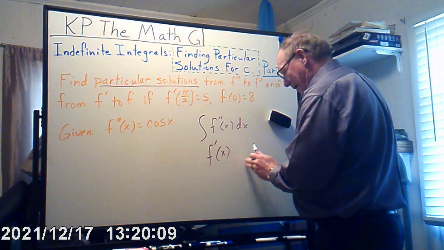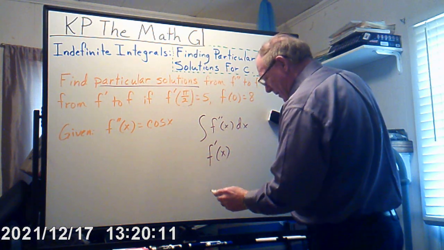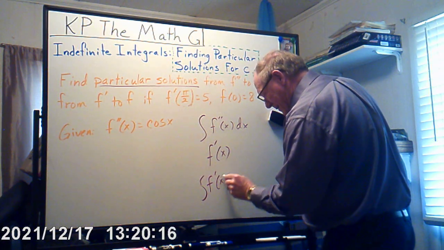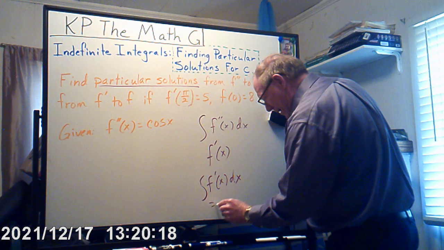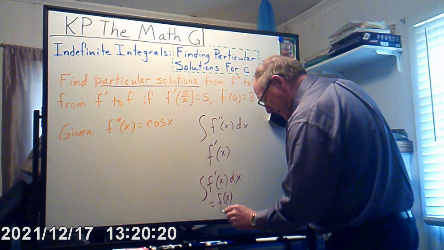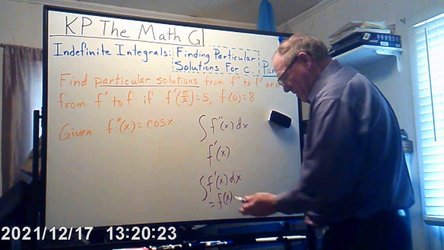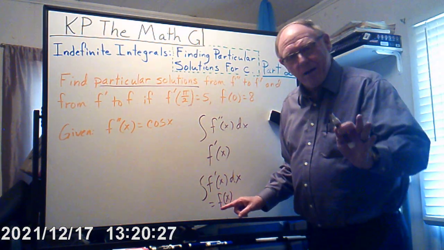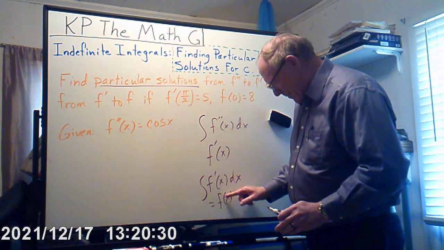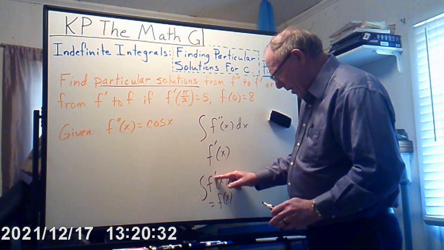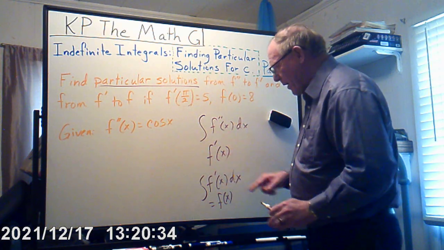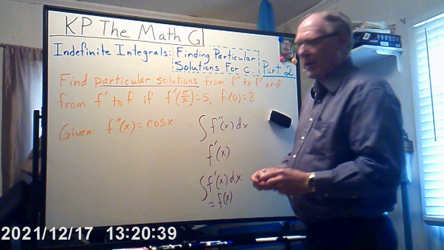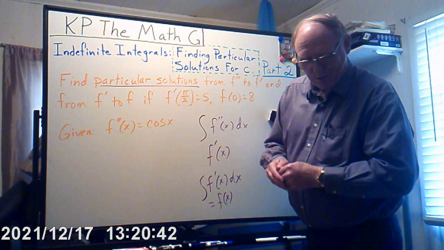And if you take the antiderivative of f prime of x, you get f of x, and then plus c, of course. Remember, when we work backwards, the derivative of f is f prime, and the derivative of f prime is f double prime. So now that we're doing the antiderivative, we're actually going the other direction.